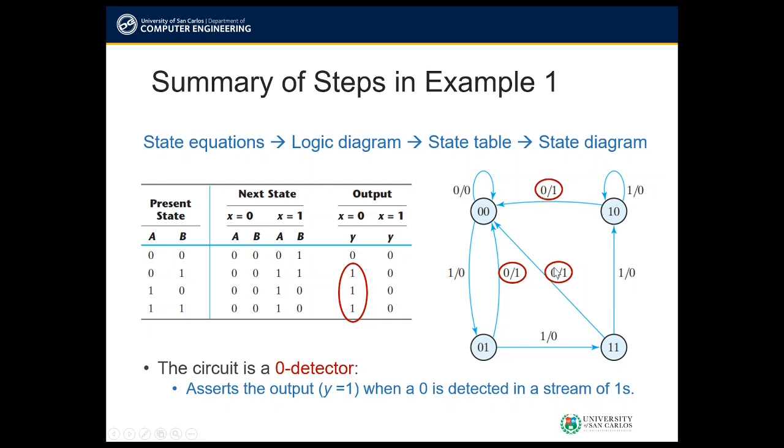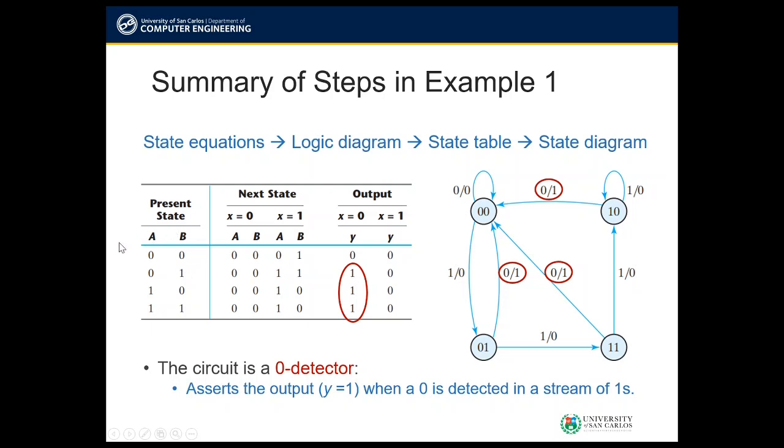Okay, so which means that this circuit is a 0 detector. It asserts the output y equal to 1 when a 0 is detected in a stream of 1s. In the case of state 00, the output is 0 because state 00 represents the initial state, which means that there is no input yet.